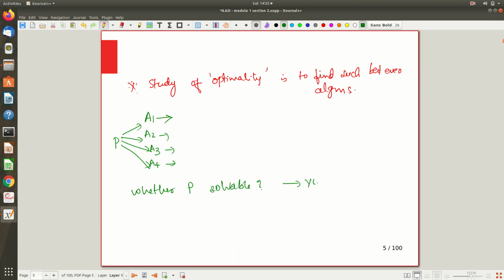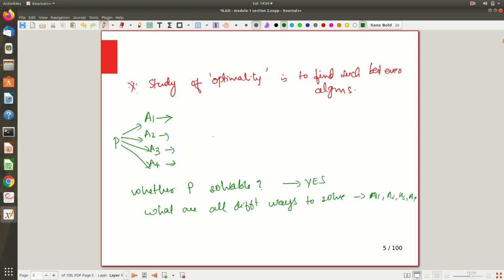If yes, then you will be asking what are all the different ways to solve it. Now someone is answering you like A1 is one approach, A2 is another approach, A3 is another approach, A4 is another approach. For the time being only 4 approaches, or you can think about more.